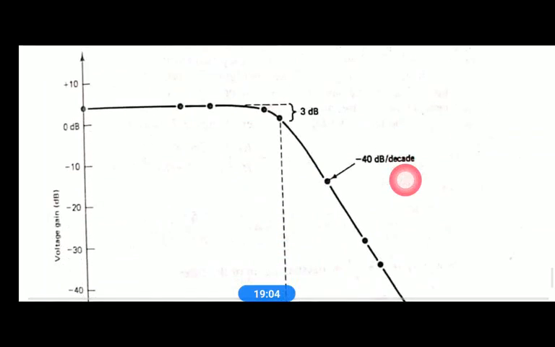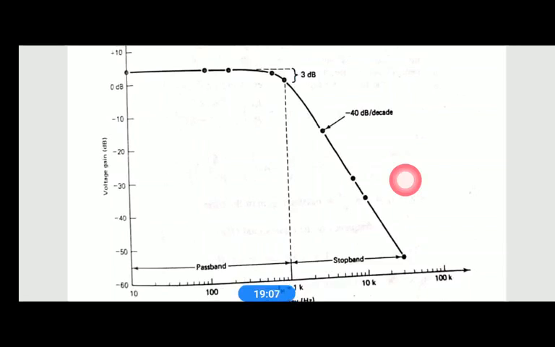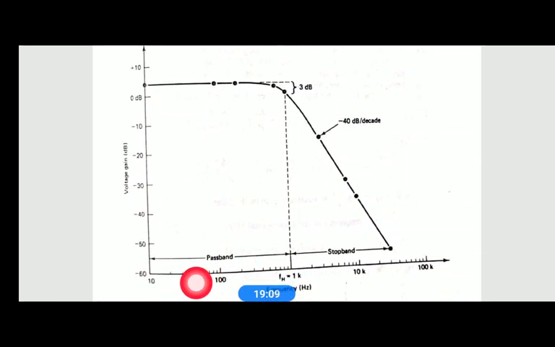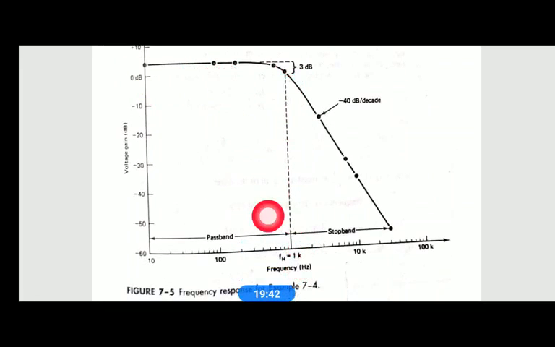So whatever values are given in the table are drawn here, for different values of frequency from 10 hertz to 100 kilohertz. For 10 hertz it is approximately 4 dB. For 100 hertz it is also the same 4 dB. For 300 it is approximately 4 dB. For 700 hertz it is approximately 3 dB, and for fH it is approximately 1 dB.